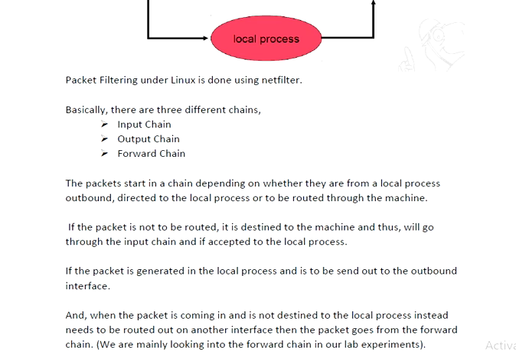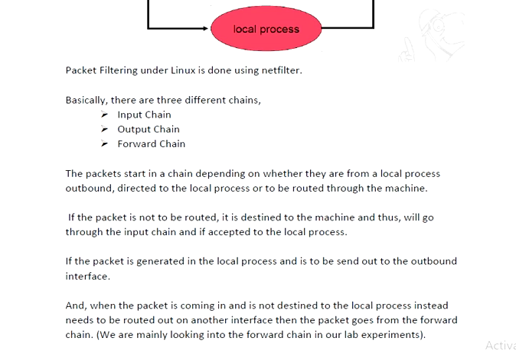If the packet is not to be routed, it is destined to the machine, so it goes through the input chain and, if accepted, to the local process. If the packet is generated in the local process, it is sent out to the outbound interface.